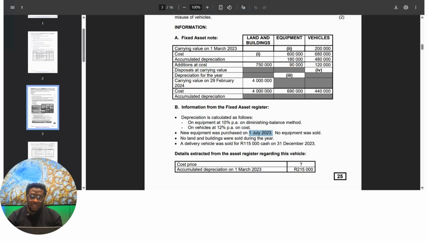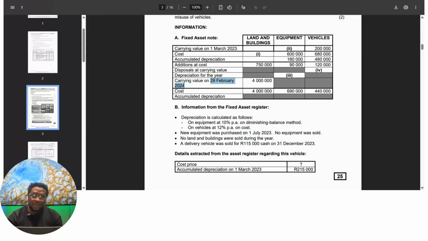Until the end of the current year, which is 29 February 2024, how many months do we need to depreciate this equipment for? We need to depreciate it for July, August, September, October, November, December, January, February. That's 8 months.